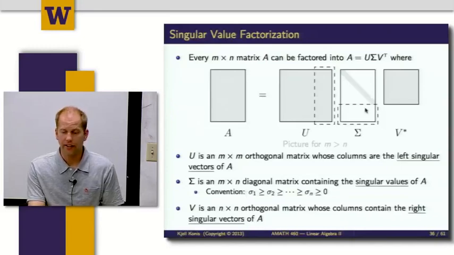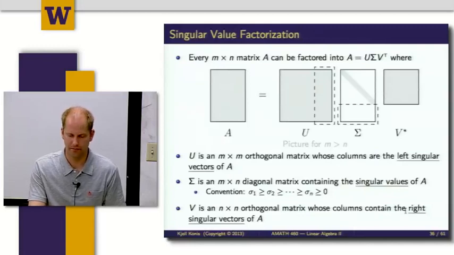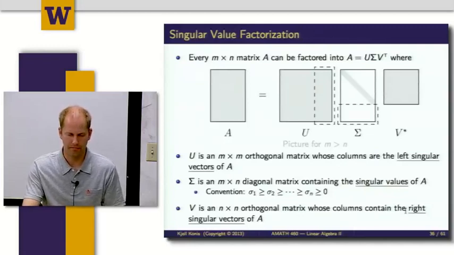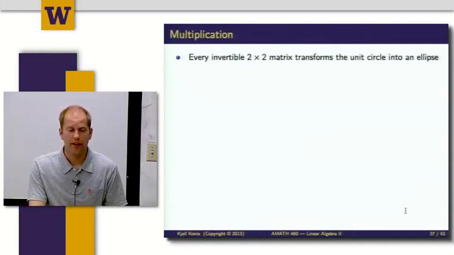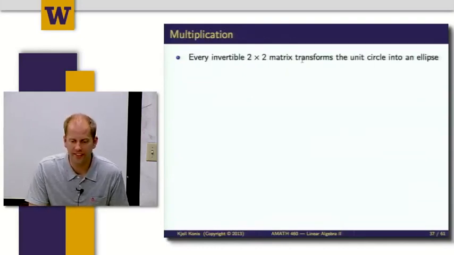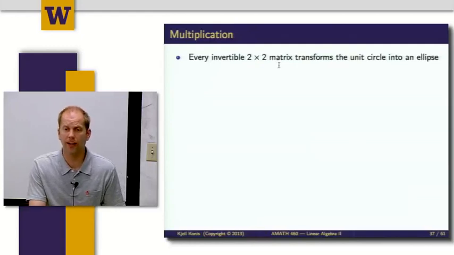Finally, this matrix V on the right-hand side is an n by n orthogonal matrix whose columns contain the right singular vectors of A. The motivation for this is that we can look at vectors of length 1.